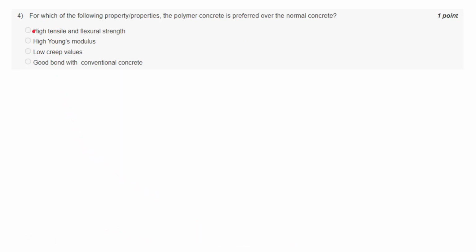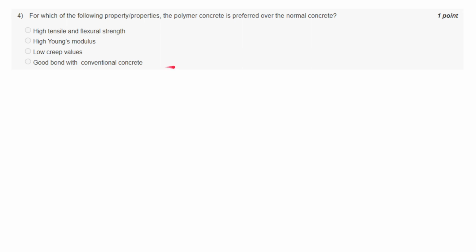Let us go to the fourth question. For which of the following property or properties is the polymer concrete preferred over the normal concrete? High tensile and flexural strength, high Young's modulus, low creep values, good bond with conventional concrete. So if you remember, polymer concrete results in high tensile and flexural strength, so it is preferred over normal concrete in case of high tensile and flexural strength.